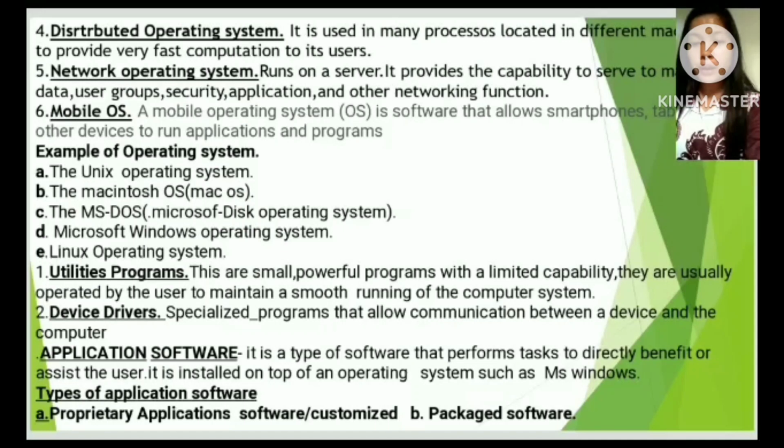A mobile operating system is software that allows smartphones, tablets, and other devices to run applications and programs. A mobile OS provides an interface between the device hardware components and its software functions.